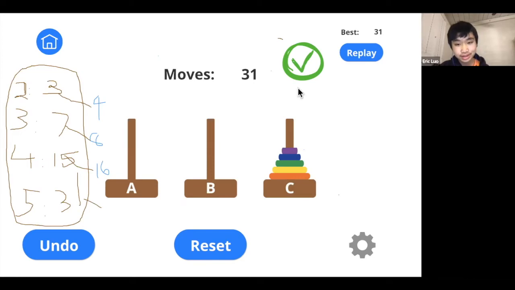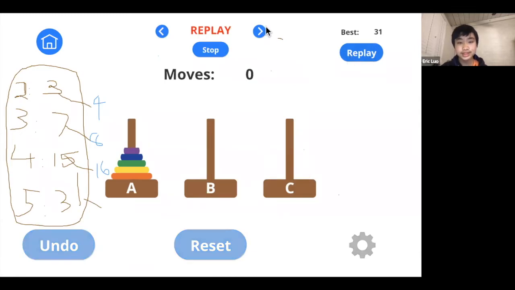So actually, that's a perfect transition into why this happens. If we replay the 5 ring scenario, we can see that one of the first things you have to do is create a 4 ring tower on B before we can move this final orange one to C. So we would have to first produce a 4 ring tower.